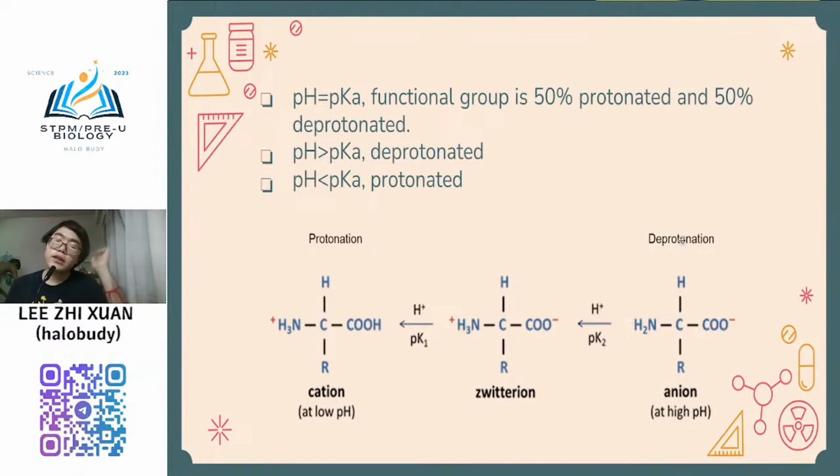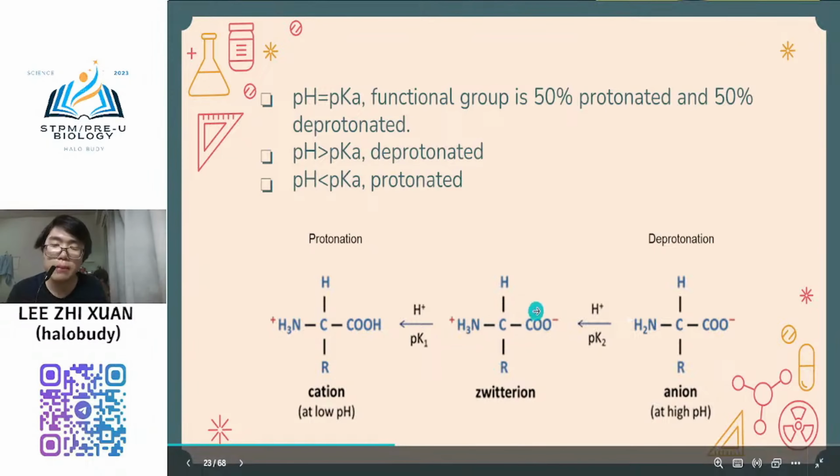Okay, so this property, the zwitterion property, will determine whether your amino acid is in acidic or basic solution. In a similar situation, meaning at pH equal to 7, they will form a zwitterion.